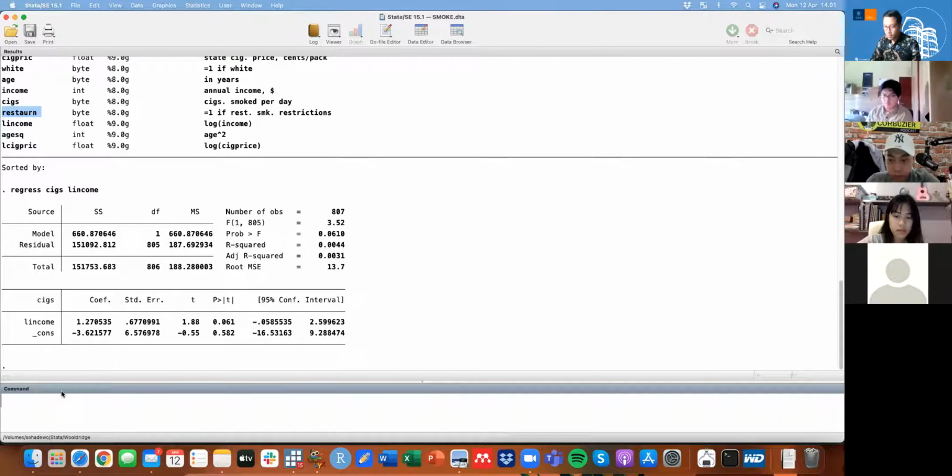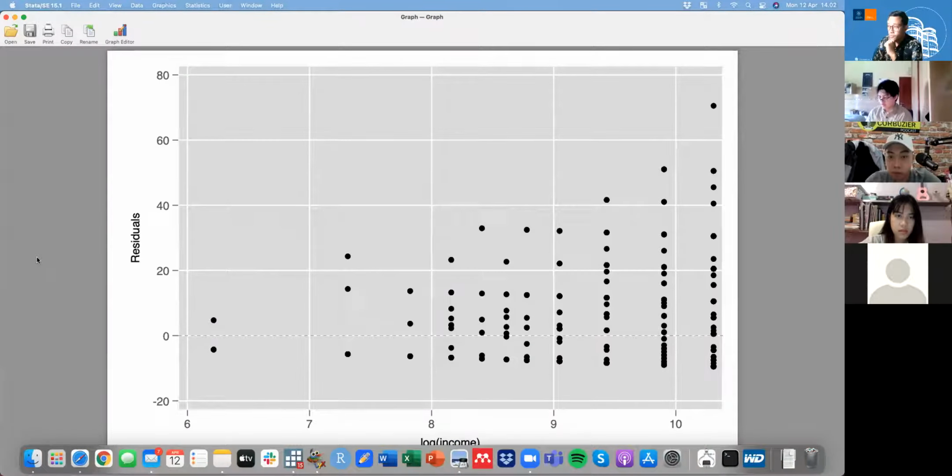So I'm going to use rvpplot and I'm going to use log income as the variable of interest, and I'm going to provide just one line that indicates the 0. All right, so I'm going to run.